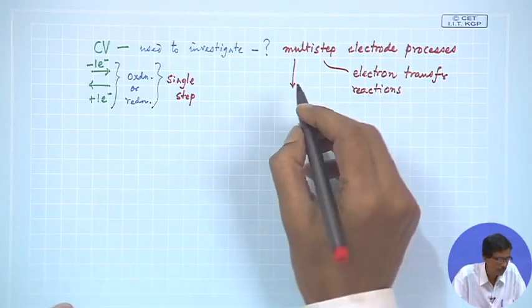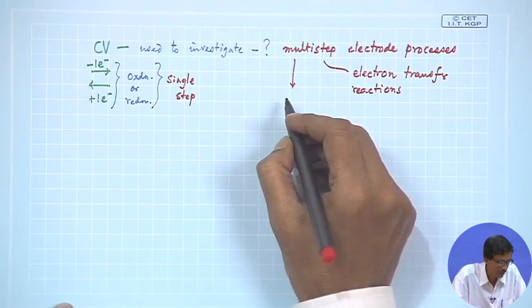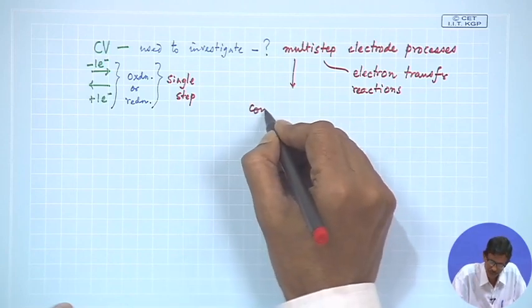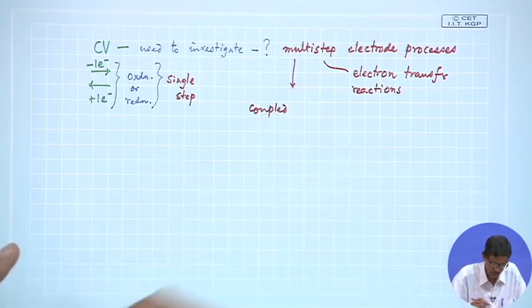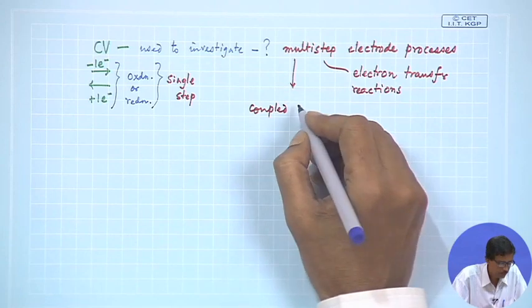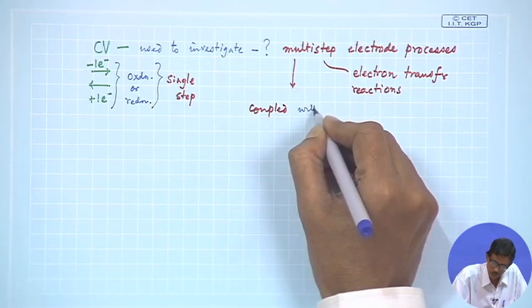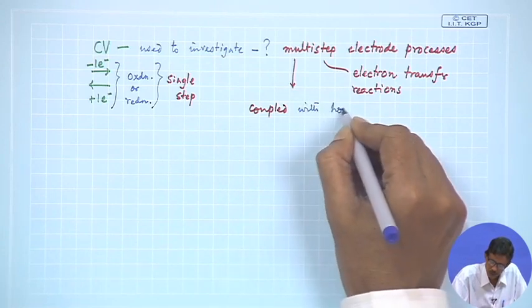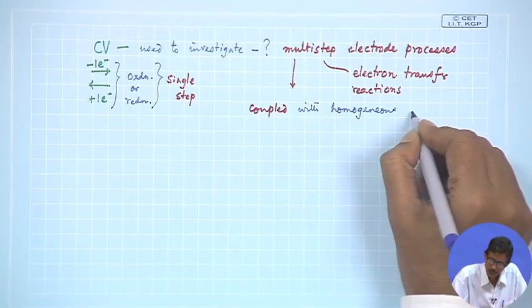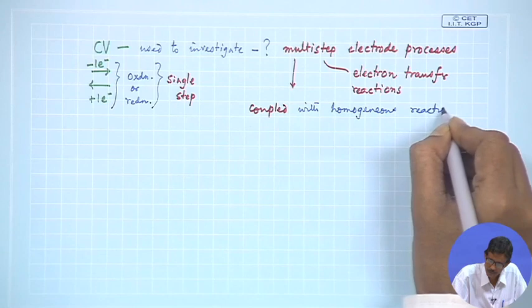So, those multi-step electron transfer reactions can be coupled with some homogeneous reactions.